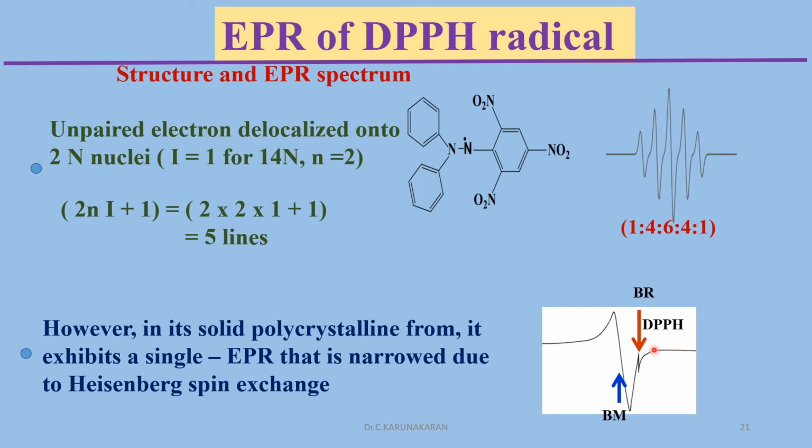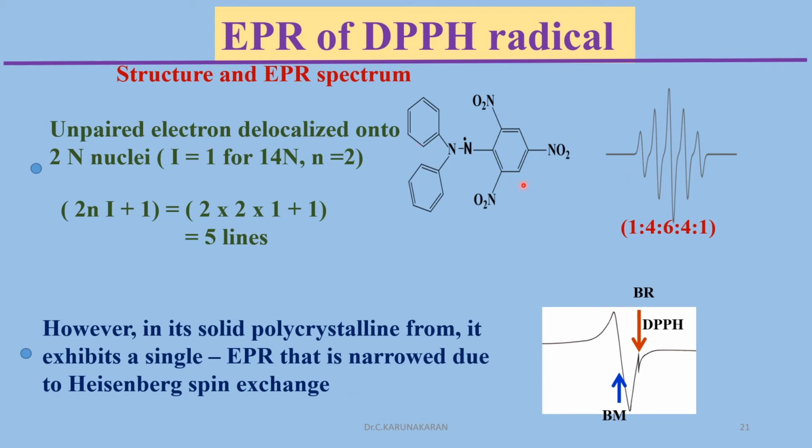This is the DPPH signal. In the solid state, it occurs as a singlet. It exhibits a single line because of exchange narrowing due to Heisenberg spin exchange. DPPH in the solid state gives a single line due to exchange coupling, exchange narrowing.